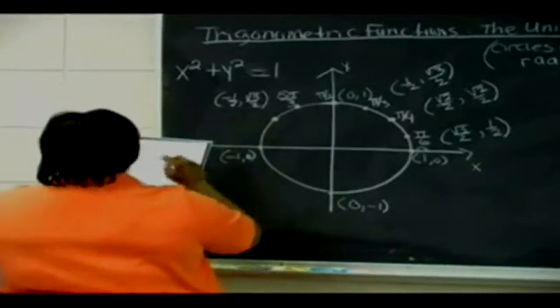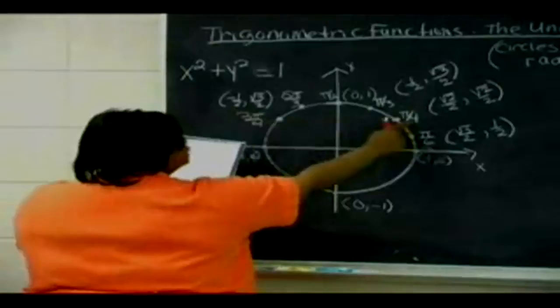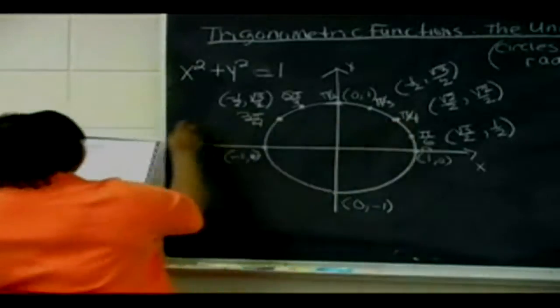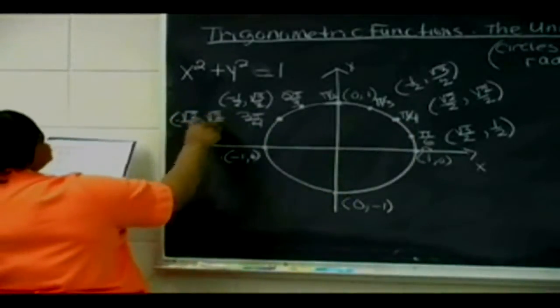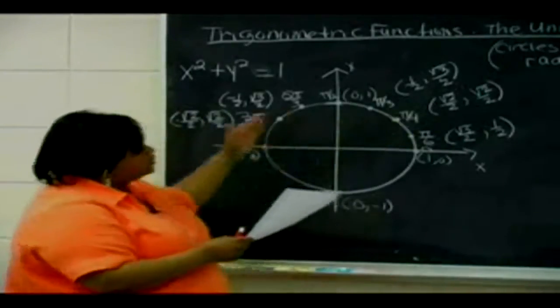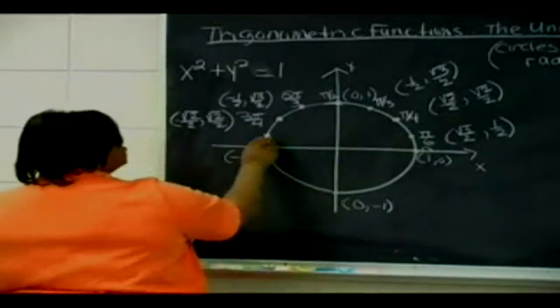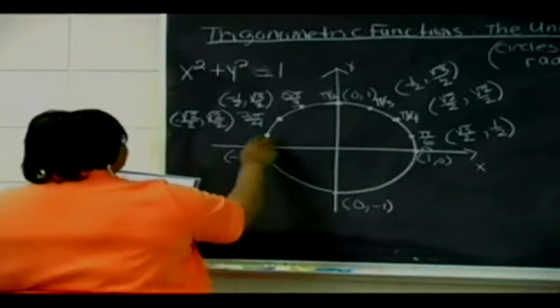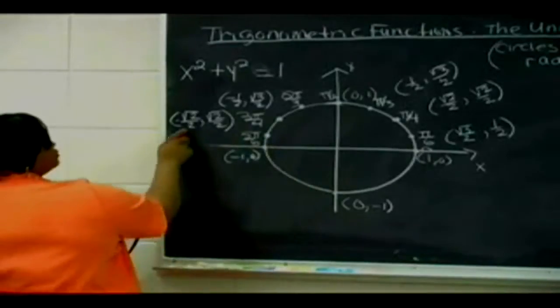And we can continue on. We have over here 3 pi over 4, which corresponds to this pi over 4 here. And the point associated with it is negative square root of 2 over 2, square root of 2 over 2. Okay? They correspond. We have a point over here corresponding with pi over 6, and that is 5 pi over 6. So what is this point?